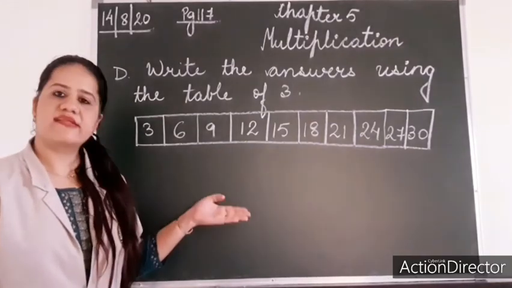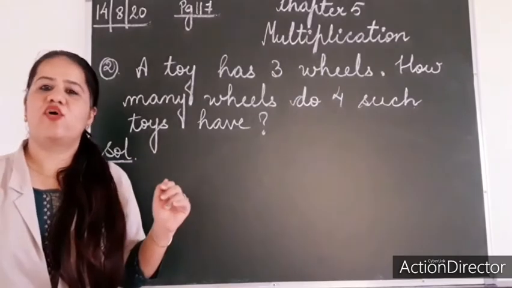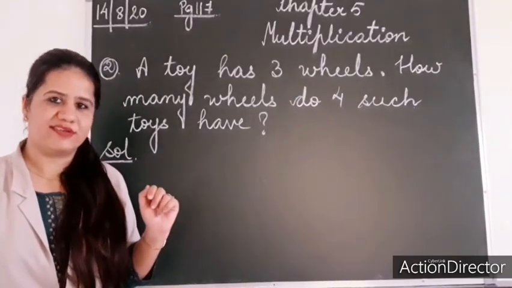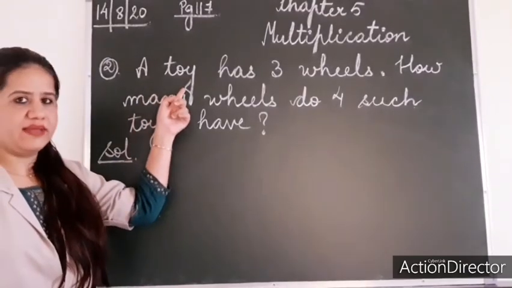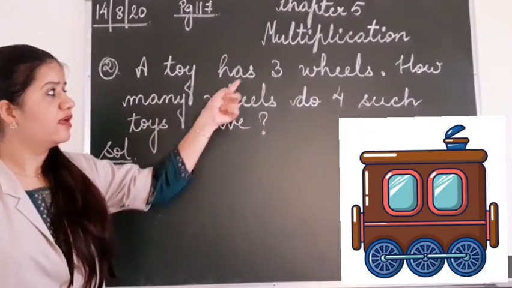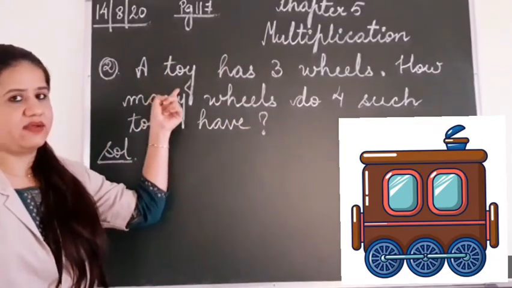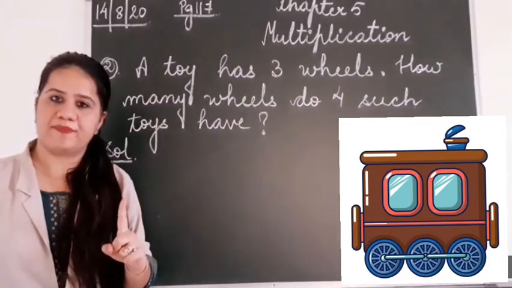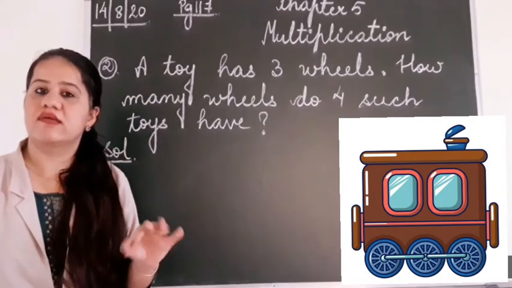Now let's come to the next question. Yes, come on. Now let's read the question. The question is, a toy has 3 wheels. A toy means one toy. One toy has 3 wheels.